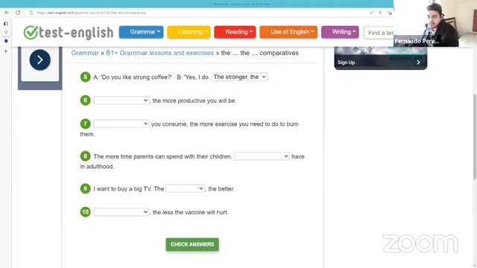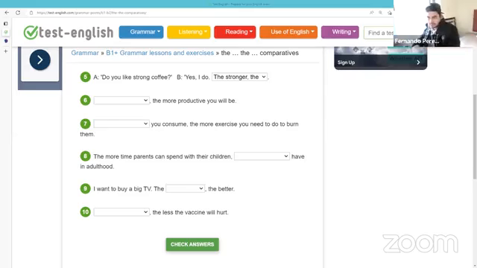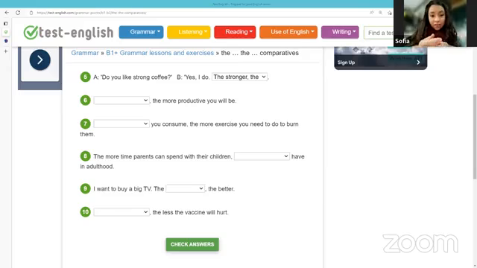For example, if I want to say that I rest very well, but in this case, rest is a verb, and we need an adjective.